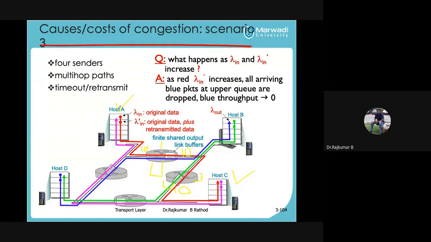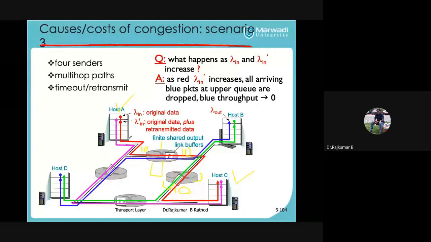What is the port number used by host A, and what is the port number used by host C? So these are some parameters which are exchanged between host A and host C during the three-way handshaking process. Clear?